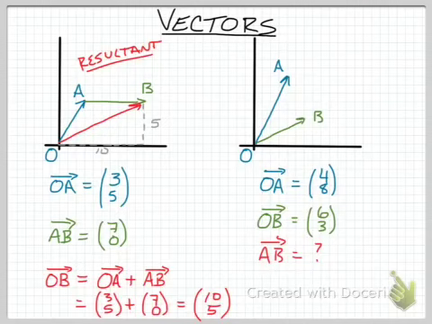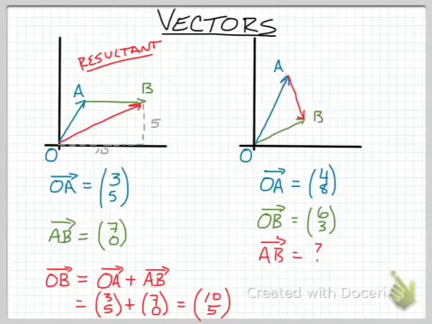So they're kind of following a path. In the second example, they both come from the origin. So in order to find our resultant vector of AB, we have to have that same pathway. We have to have our original two vectors heel to toe.